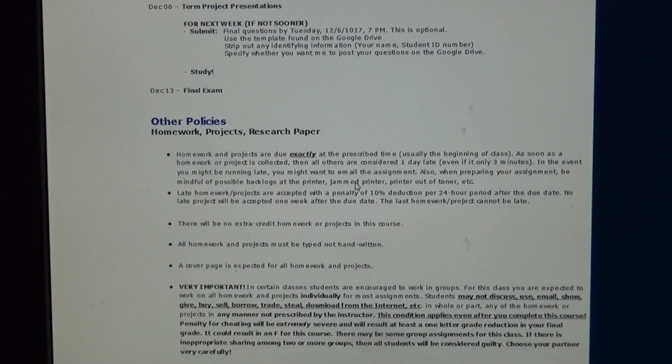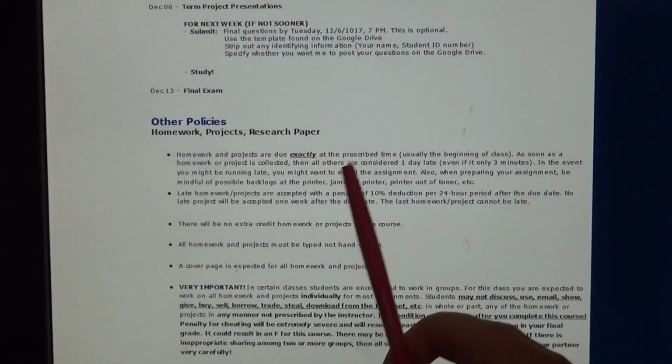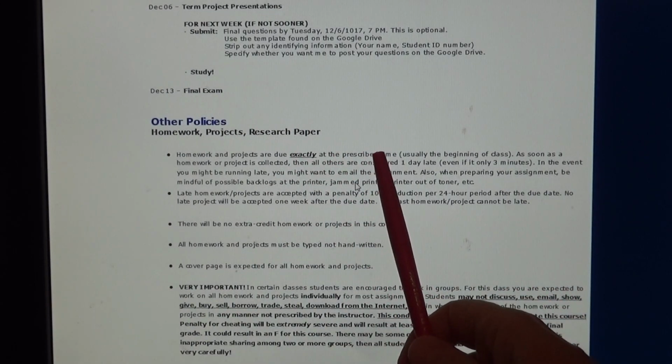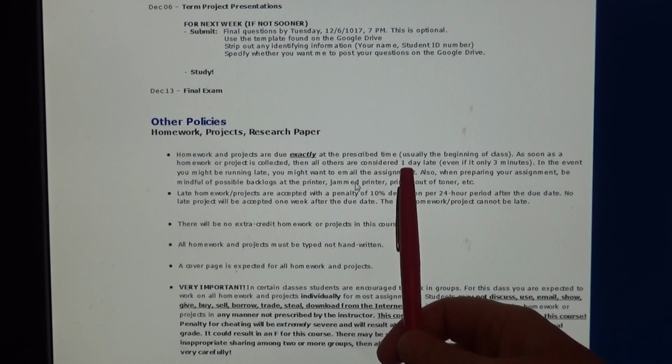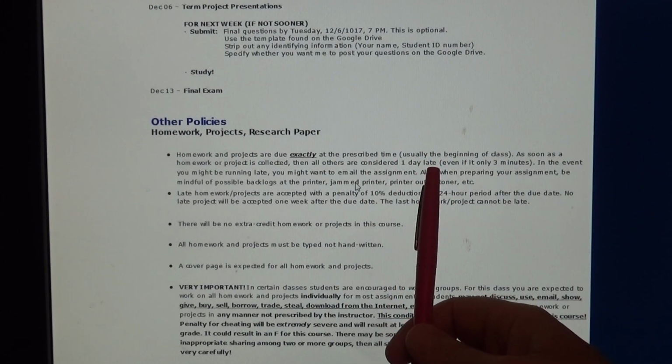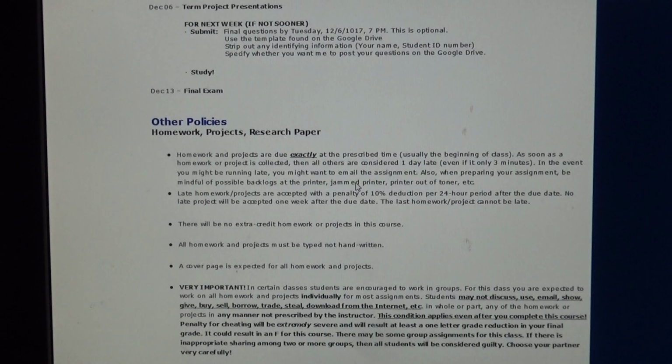Okay, let me talk about other policies. Homework and projects are due at the time that they are prescribed, beginning in class, whatever class. And one of the things that's important to me is to take deadlines very seriously. For example, I've known small companies, if they have a proposal due at Washington, D.C., like 10 a.m. tomorrow morning, if they don't get the proposals in, they are automatically eliminated.